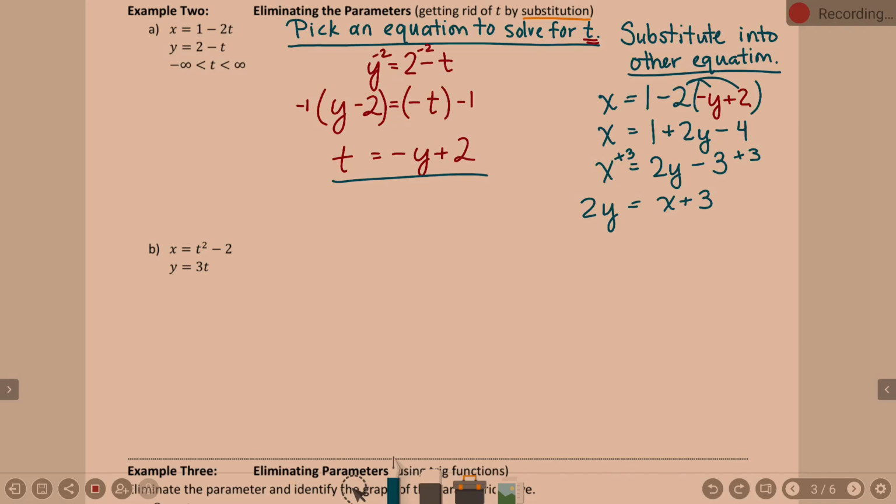Divide everybody by 2. Then y equals 1/2 x plus 3/2. You could say x plus 3 all over 2. I'm not going to argue that detail.